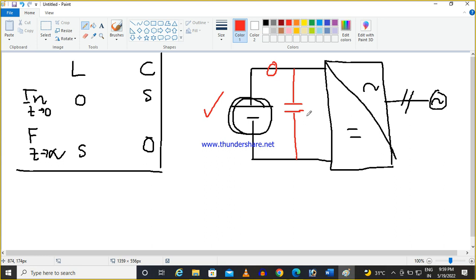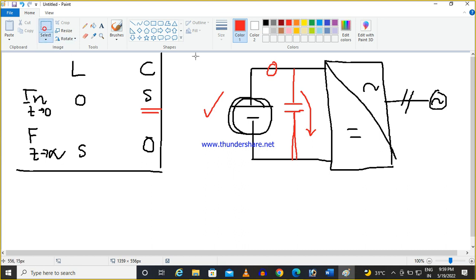But here one problem is there. If I am simply connecting the capacitor across the DC source, then as I told, initially it will work as a short circuit. So once the DC source is on, very high current will flow through this. So to avoid that, one arrangement is to be done.